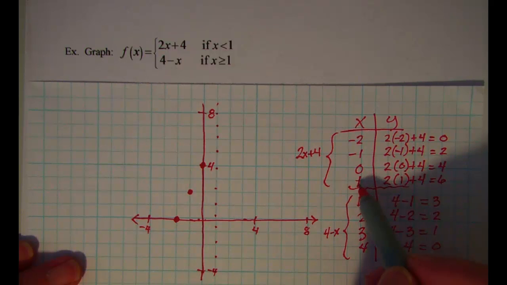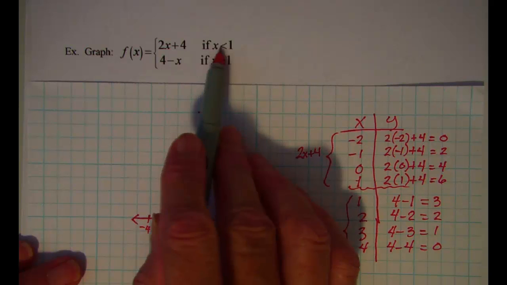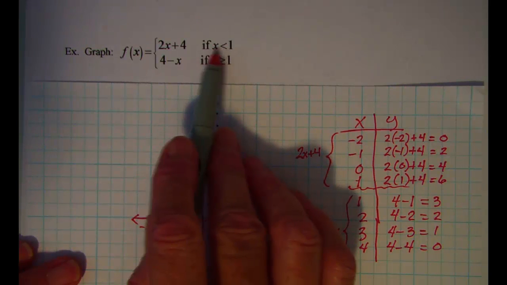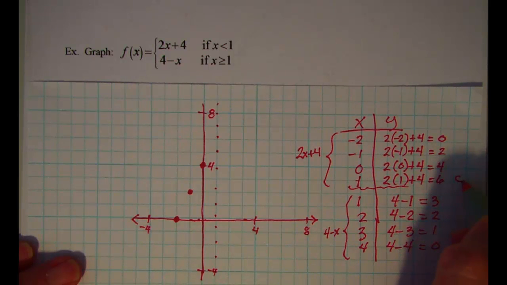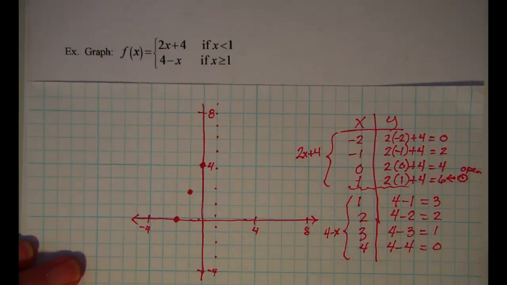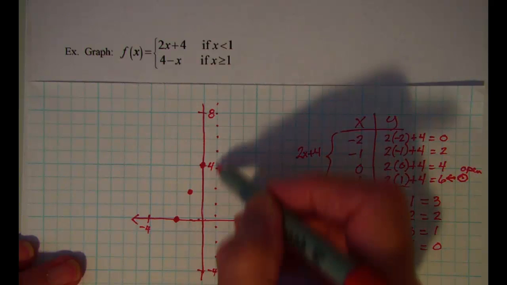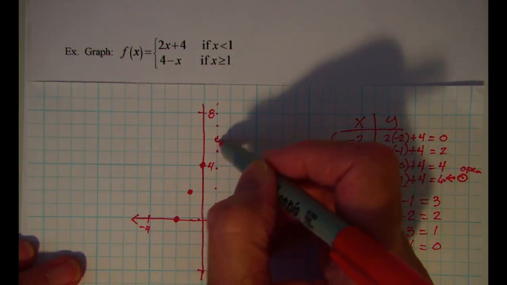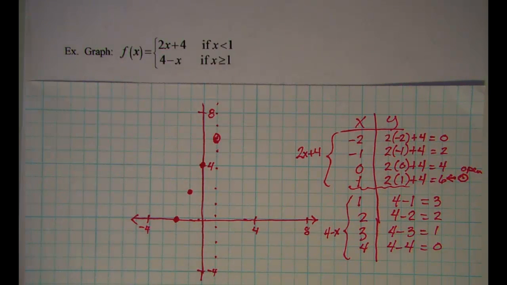And when x is 1, y is 6. But on that top rule, it's for x's that are less than 1. So I have to put an open circle at this point. So when x is 1, y is 6. And I have an open circle there, meaning that I don't include that point in my graph.